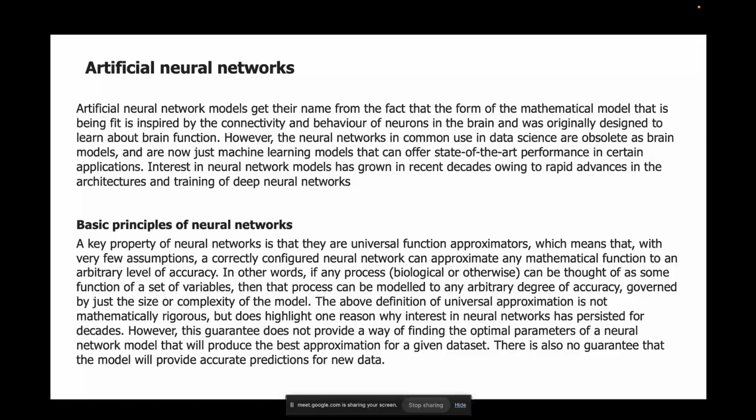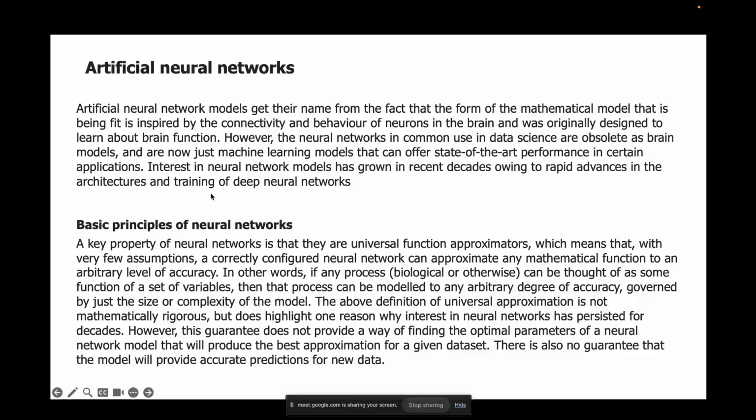So these models were not exactly used for prediction in the early days, because they were used to understand the brain itself, right? However, neural networks are in common use in data science, are obsolete as brain models, and are now just machine learning models that can offer state-of-the-art performance in certain applications.